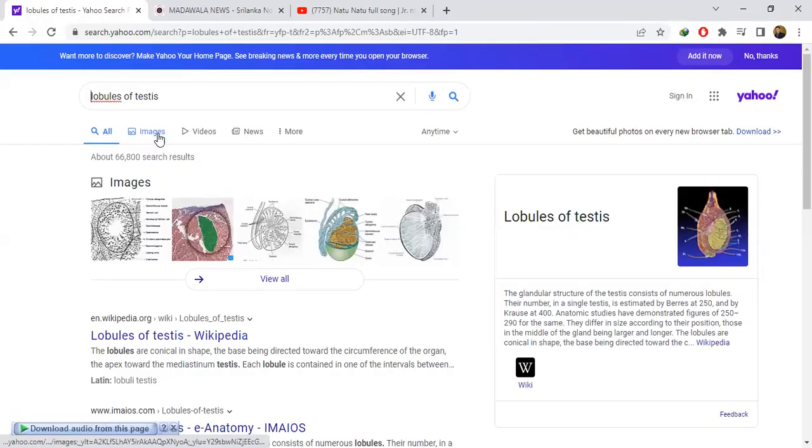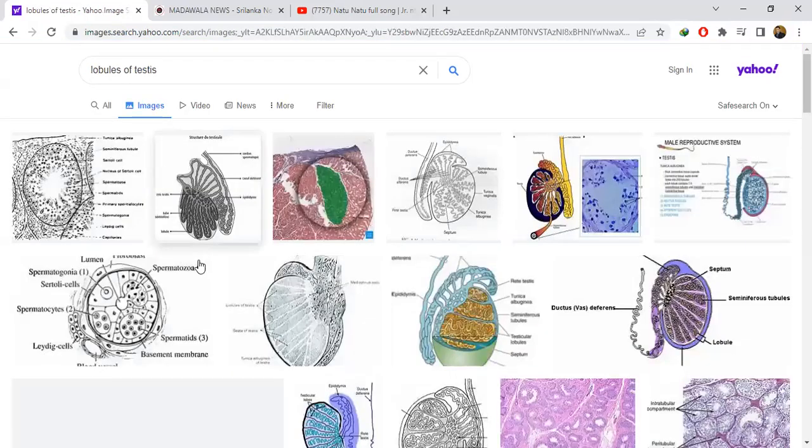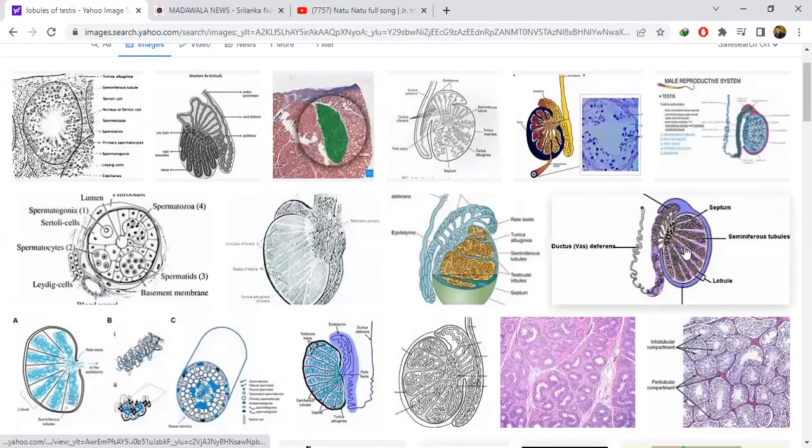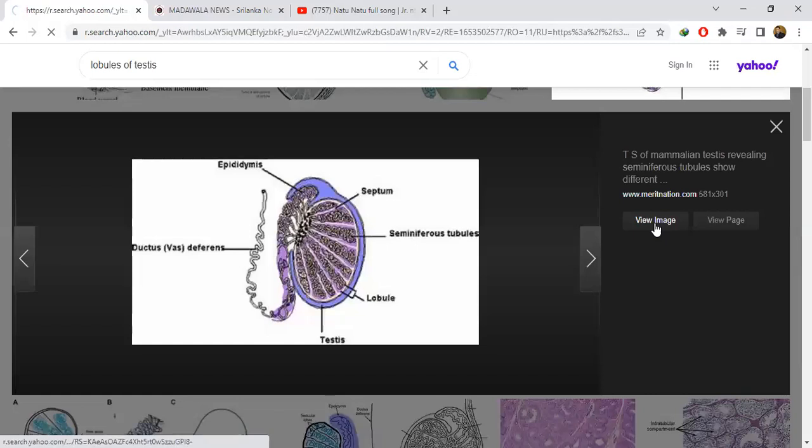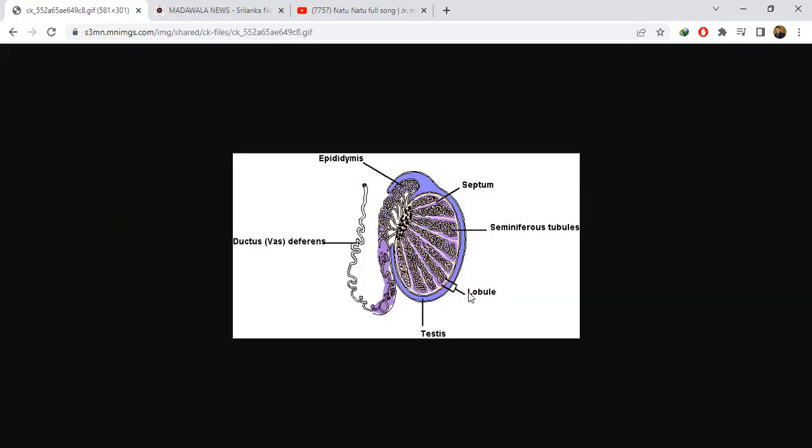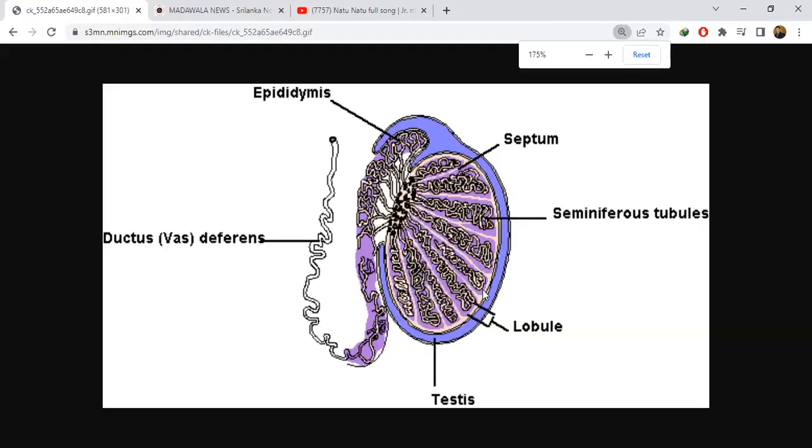I am going to show you a diagram. These compartments are called by the name lobules. What is the name given to the small compartments in the testis?